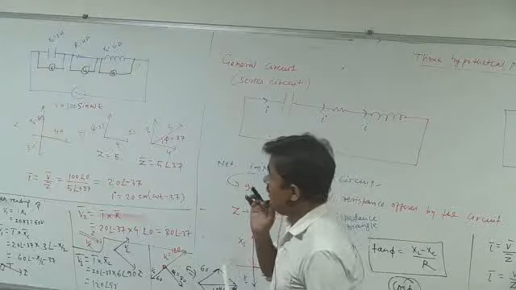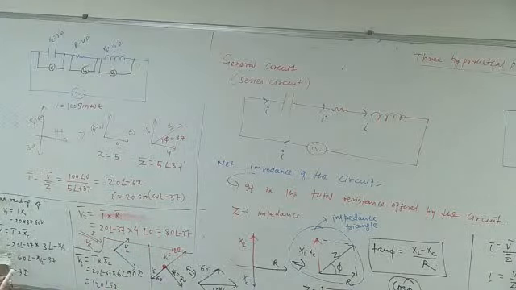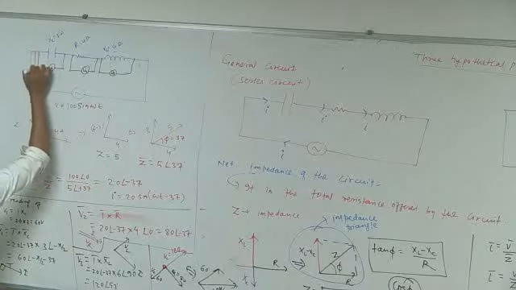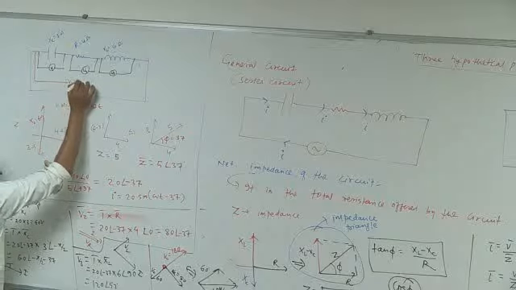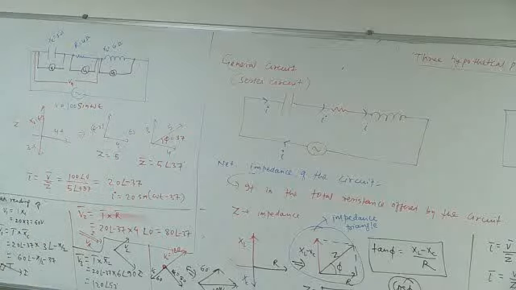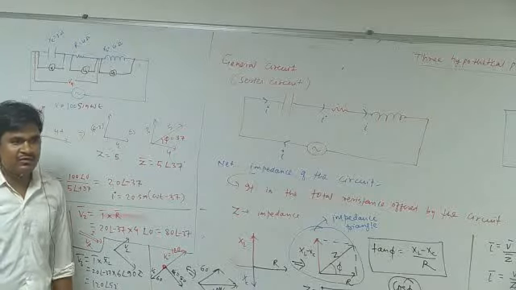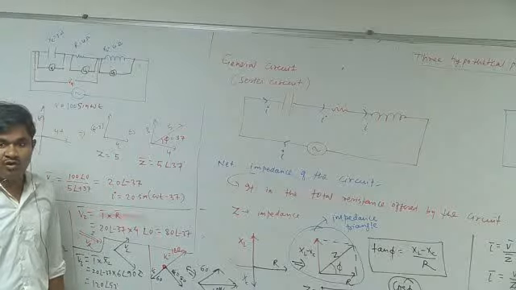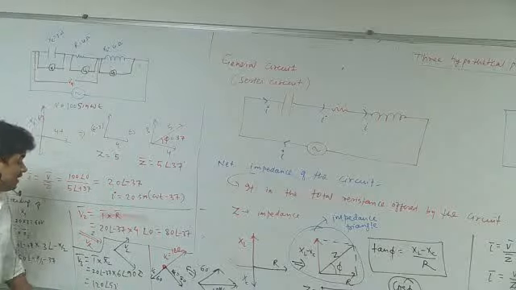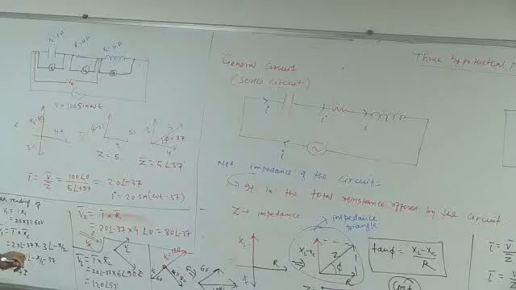Now suppose I ask you what is the reading of a voltmeter connected here, this is again important. Let's say V4. Can I say V4 is V1 plus V2? 60 plus 80, that is 140? No. Why? Directions are different. So what will be the voltage across them? 60 square plus 80 square. Why are we squaring and adding them?